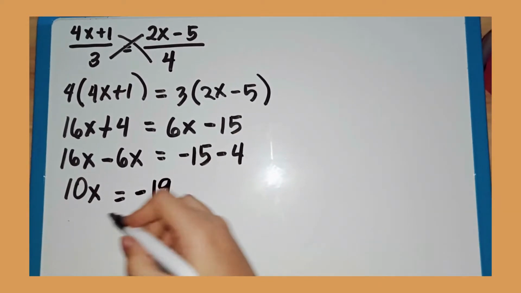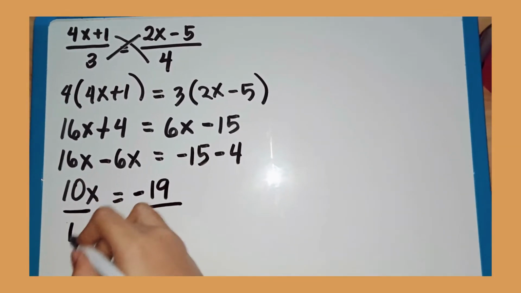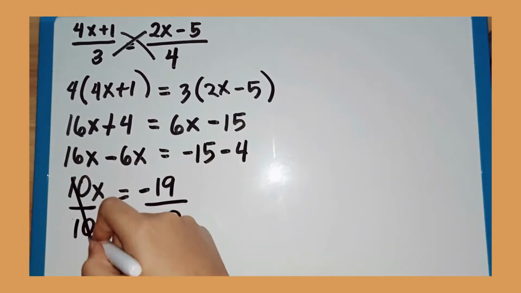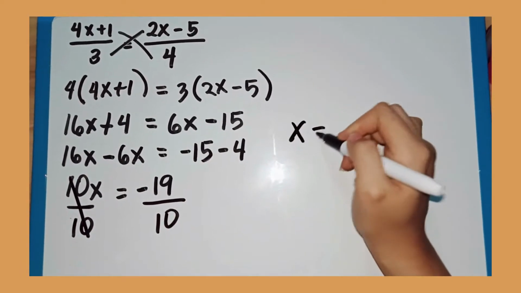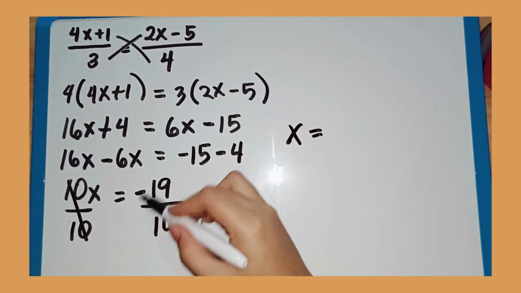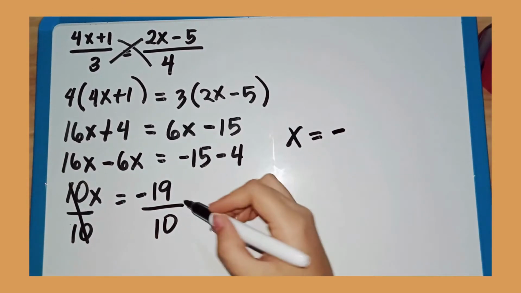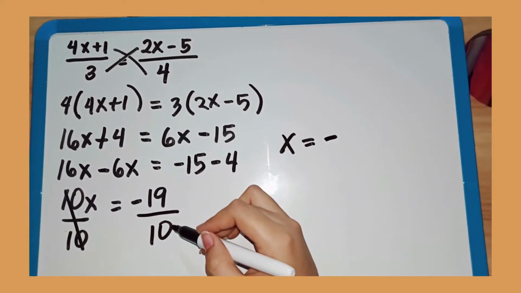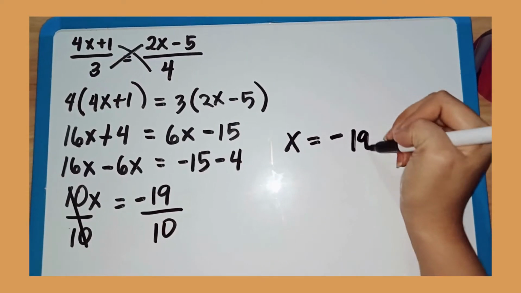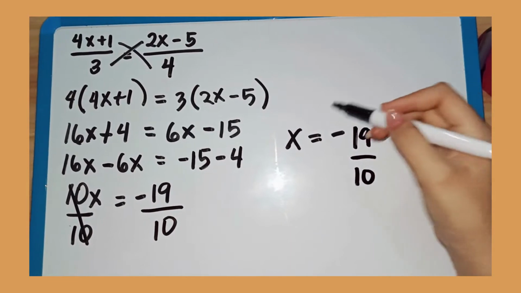So, we need to divide both sides by 10. This will be cancelled. X is equal to, dahil magkaiba sila ng sign, ito negative, ito positive, negative yung sagot natin. 19 divided by 10, wala na siyang lowest term. So, ito na yung ating final answer. Negative 19 over 10.